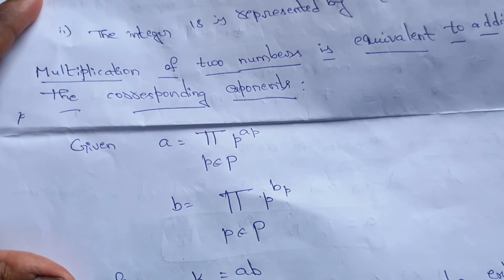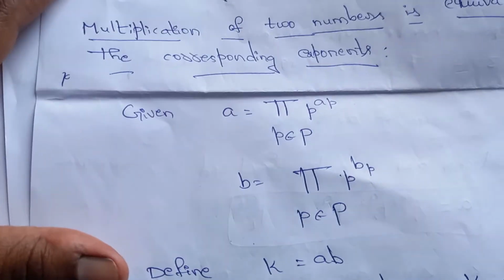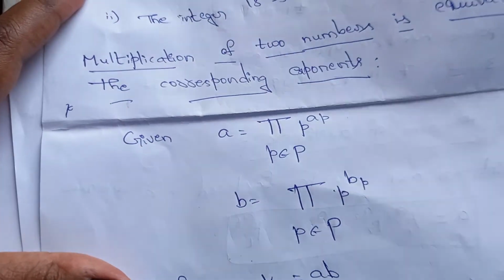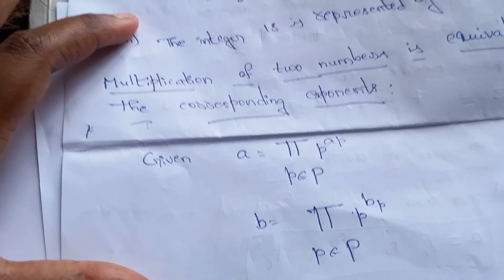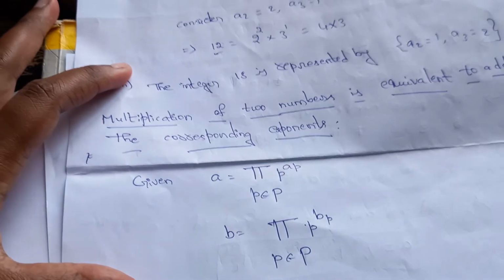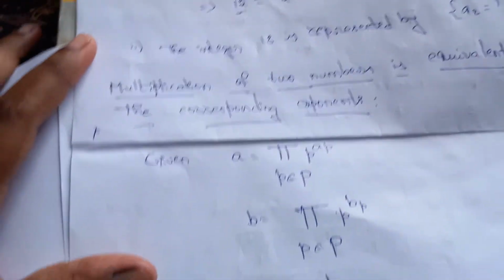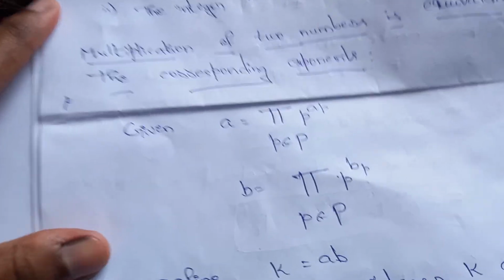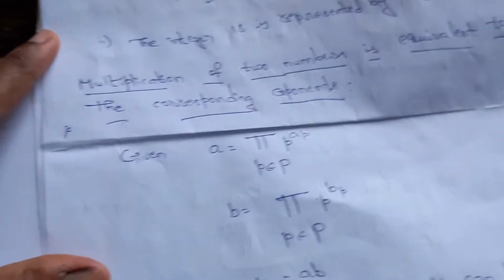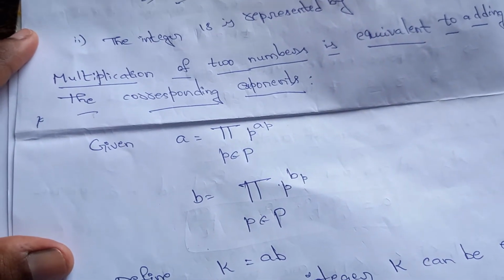These are the uses where we are using prime numbers. For multiplying two numbers also we are using the prime numbers concept here. So look here, multiplication of two numbers is equivalent to adding the corresponding exponents.